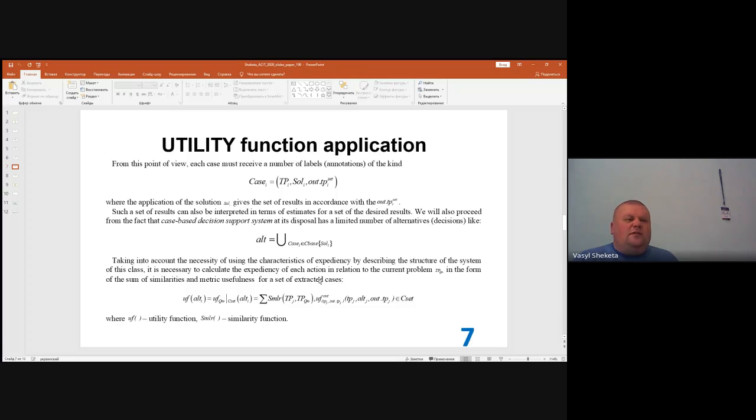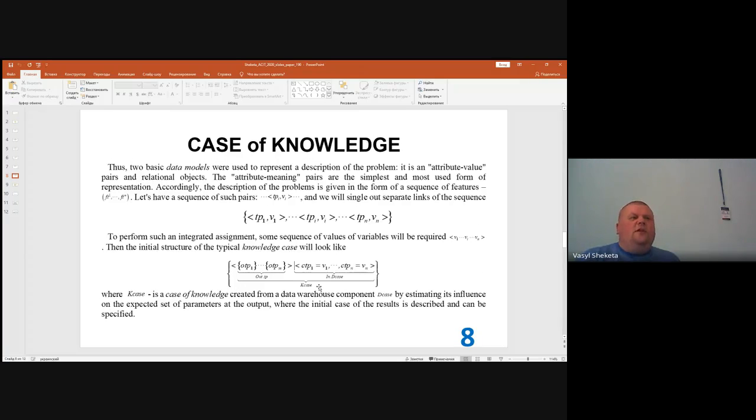It deals with the mainstream of case-based decision support, and it's about cases of real data, but this data is different for every single state of the process, even when these states are very close. That doesn't mean that the solutions will be the same. They will be very, very different.